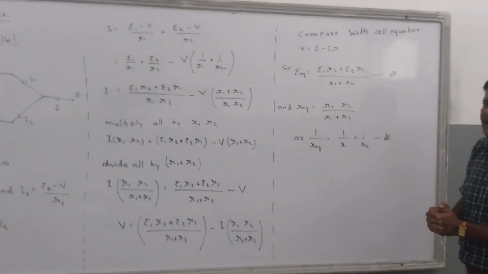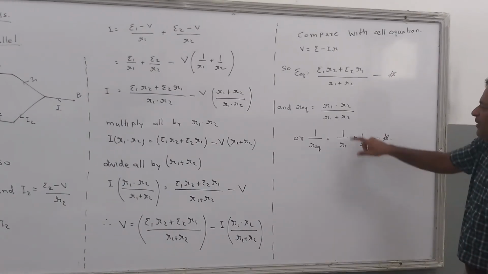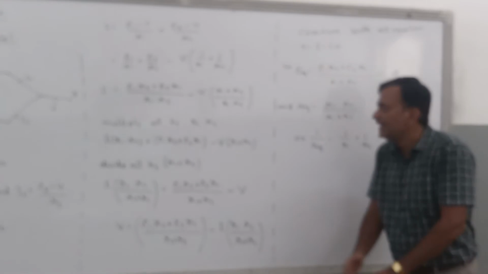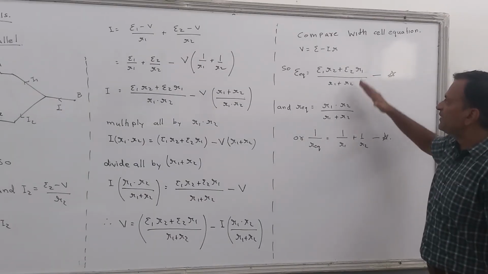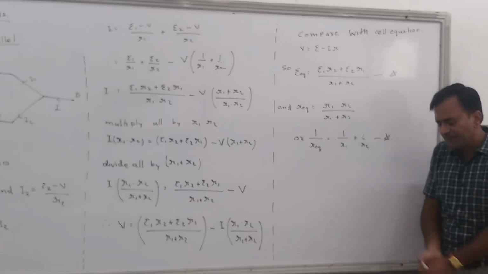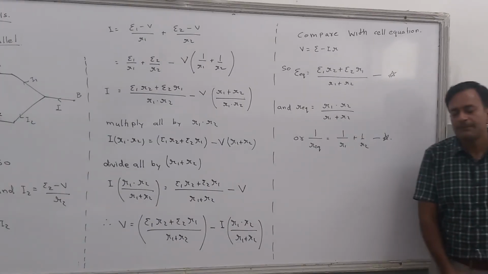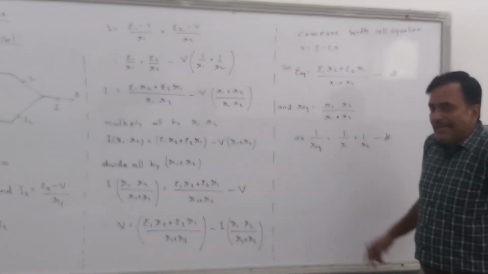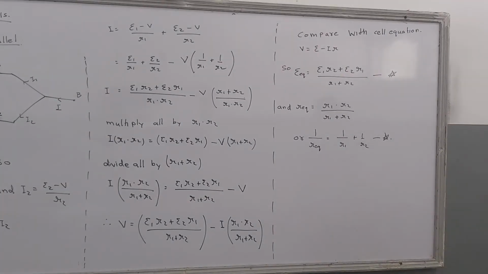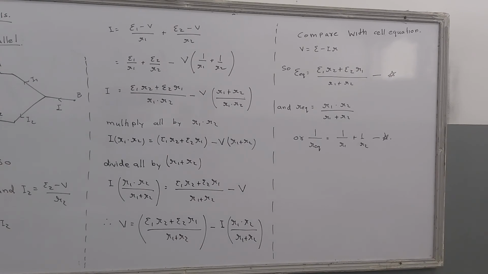So what is the required internal resistance? 1 by R1 plus 1 by R2. If there are 3 cells, this will have 3 terms, this will have 3 terms, this will have 3 terms. What I mean to say is that we have obtained the results for 2 cells, but we can extend the same results for 3 cells, 4 cells, or as many cells as needed.